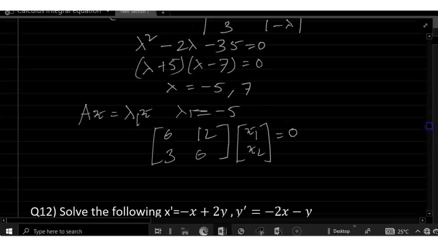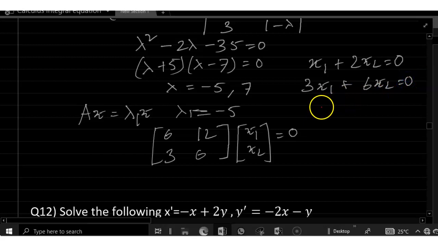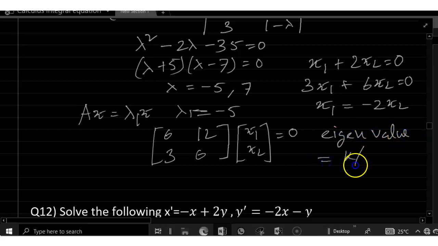So x1 plus 2x2 equals 0 and 3x1 plus 6x2 equals 0. So x1 equals minus 2 x2, equals x2. So the eigenvector is easily (minus 2, 1).